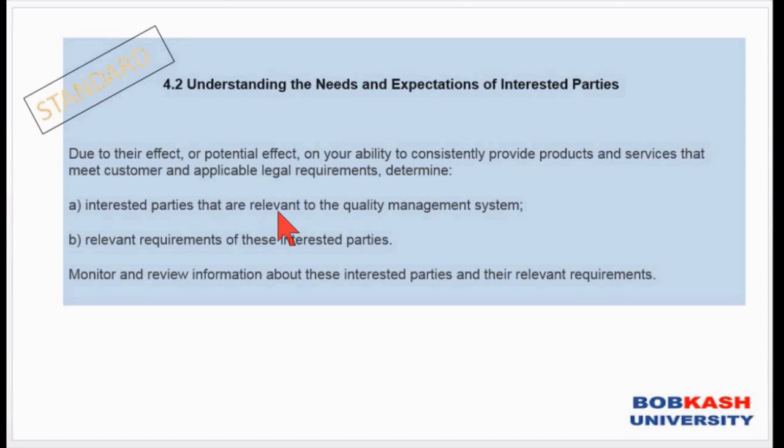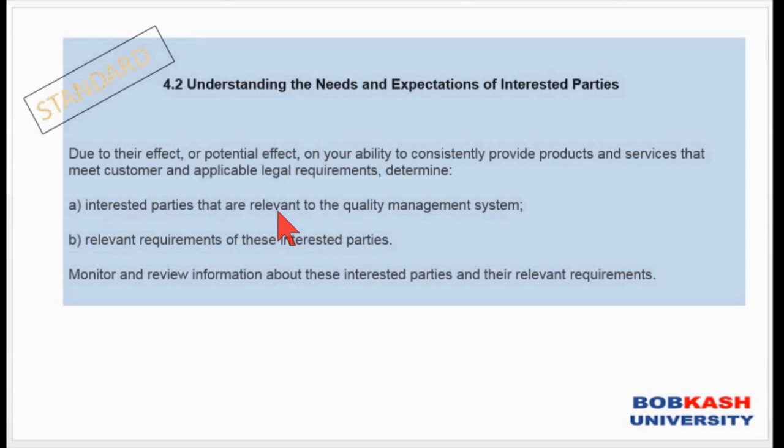This is not 4.2. For example, you have 4 processes in an organization, but only 3 processes are covered by the quality management system. For example, we want the ISO certification only for those 3 major processes. The 4th process, the organization decides not to go for the ISO certification or within the scope of the ISO certification.